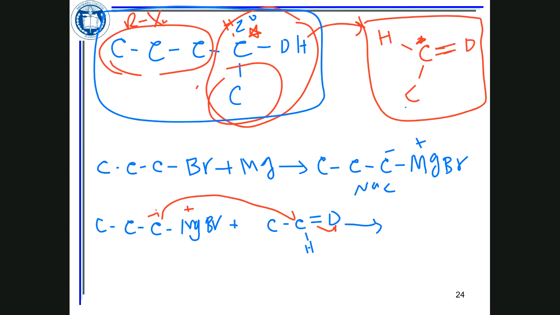Please do not make a bond between this carbon and the carbon that is attached to the carbonyl. It has to be the carbonyl carbon. So you're going to write your product, the alkoxide that is forming. You have a new bond forming between the propyl group and the carbon from the carbonyl.